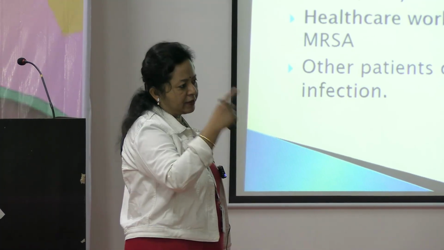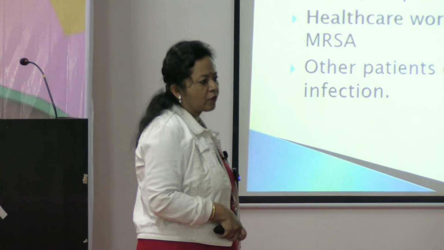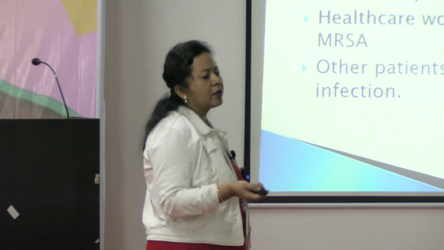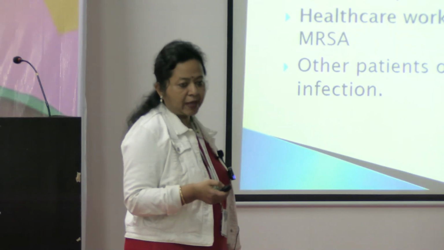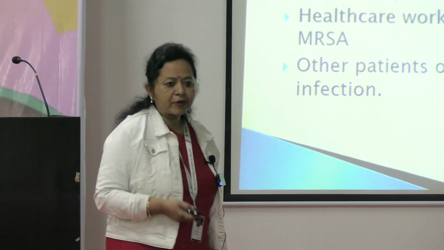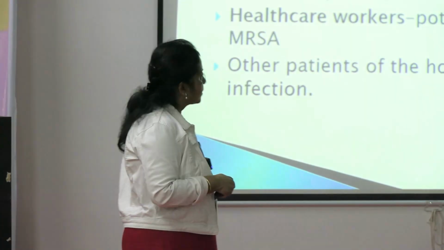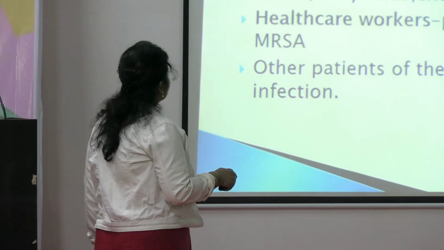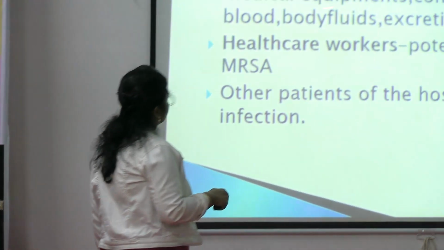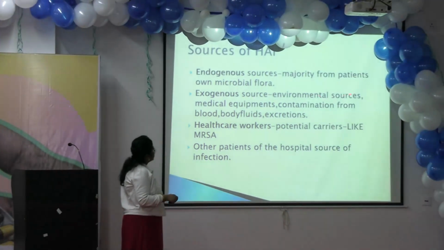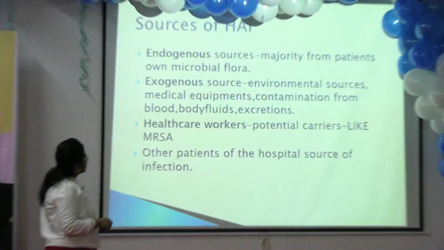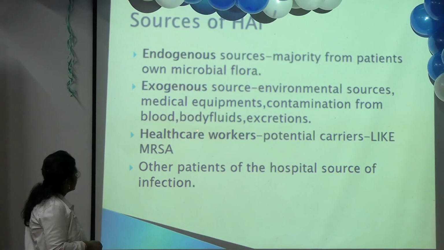So the source of infection is during the catheter insertion. It happens, or you are not taking proper care while the patient is having the catheter. That is also there. So that is endogenous flora.